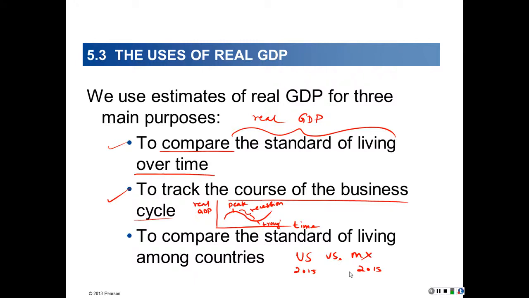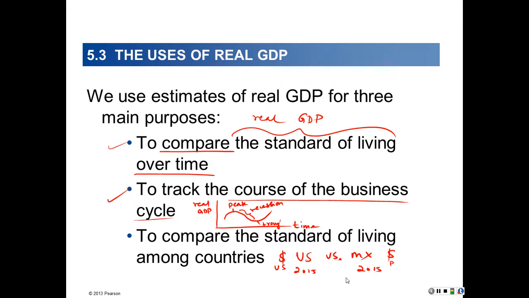So how would we compare the standards of living between the US and Mexico? Well, we have the US's real GDP in 2015. We have Mexico's real GDP in 2015. Of course, this is measured in US dollars, and this is measured in pesos, which is, I'm going to just put a P there for pesos, right?